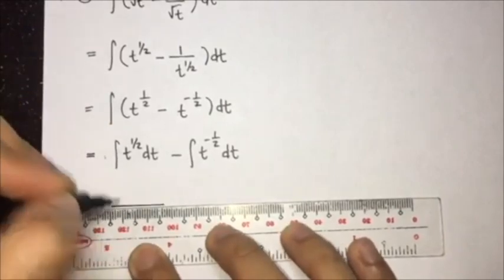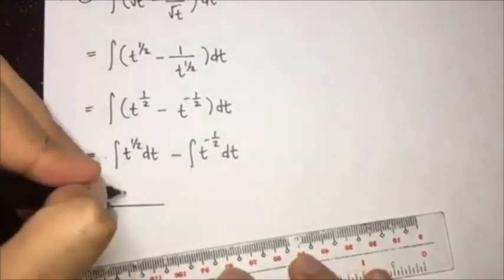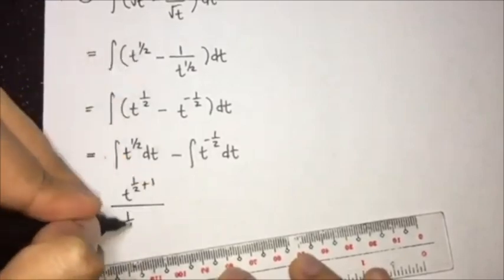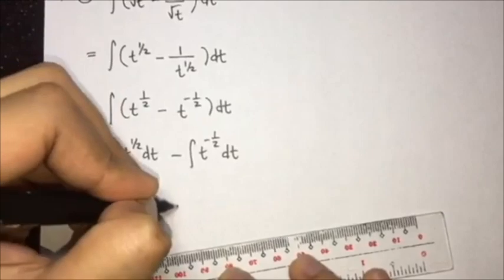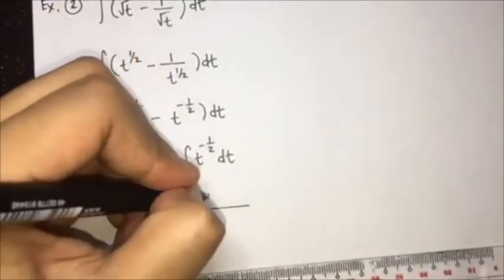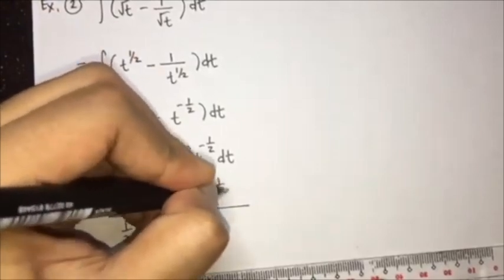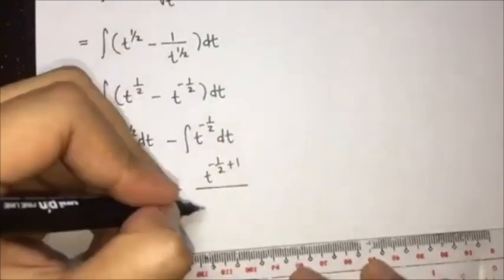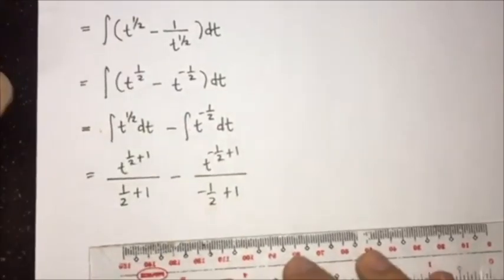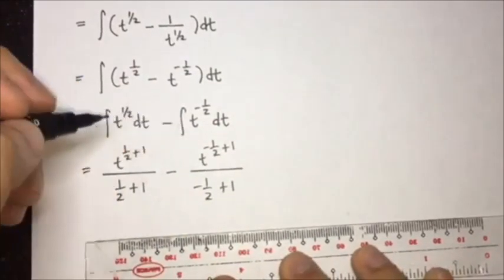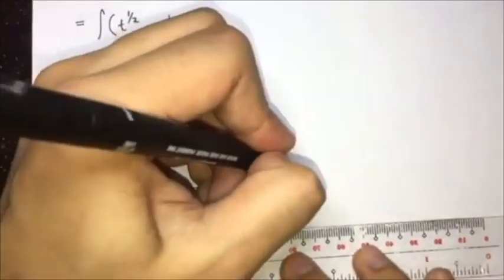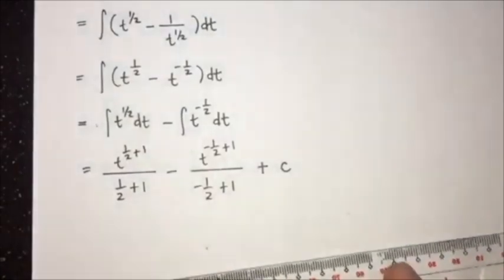So we will have t raised to 1/2 plus 1 over 1/2 plus 1 minus t raised to negative 1/2 plus 1 over negative 1/2 plus 1. And after performing integration, we must not forget to add the arbitrary constant c.